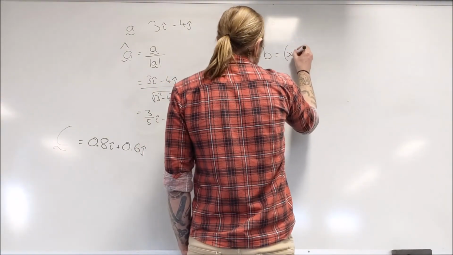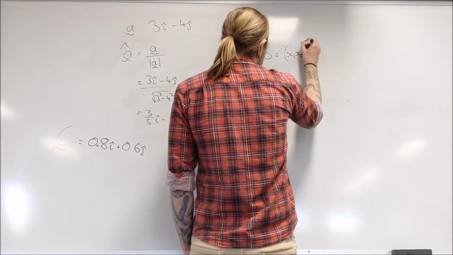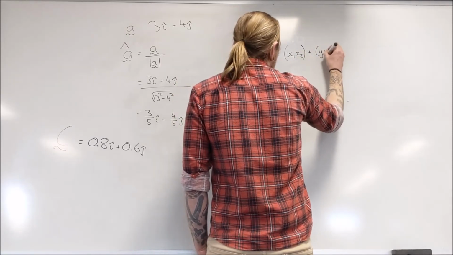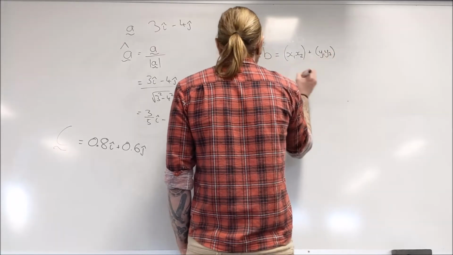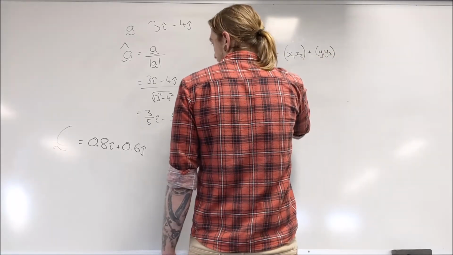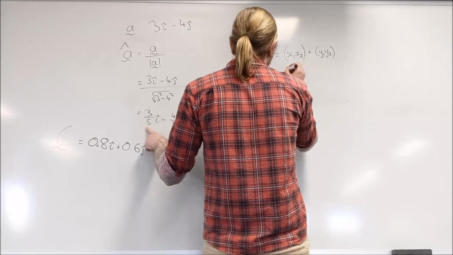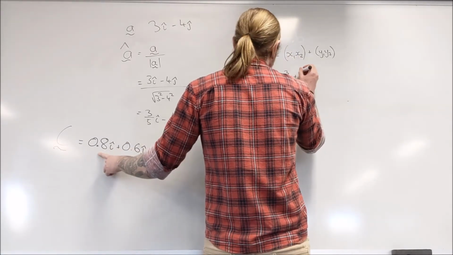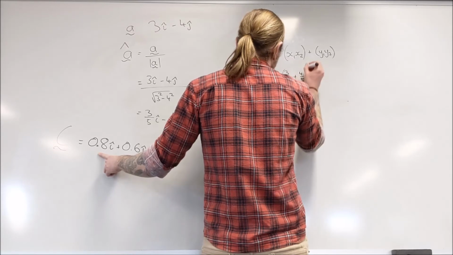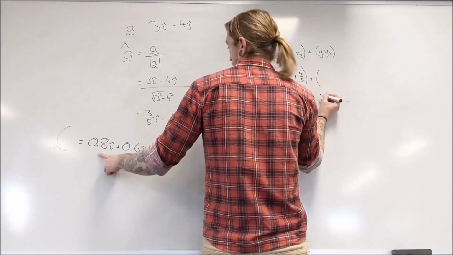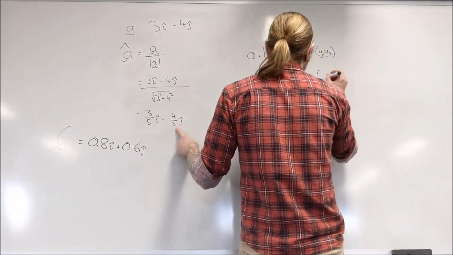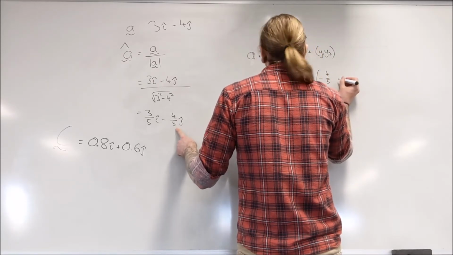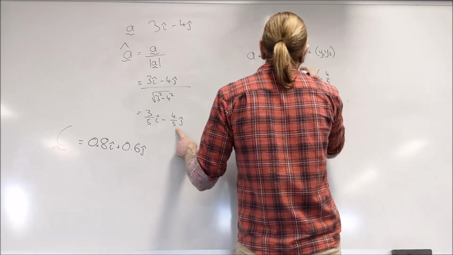We're going to use this rule: x1, x2 plus y1, y2. See if we get 0. So my vector A was this guy, times this one, plus my j, which in this case is negative 4 on 5. Oh, sorry, why am I doing a plus in there? That's a multiplication.